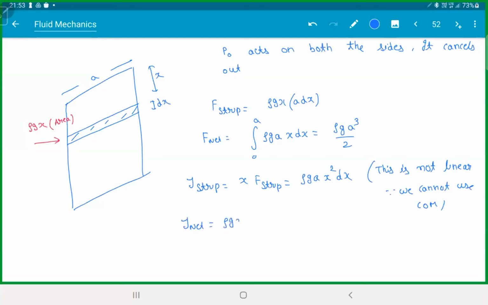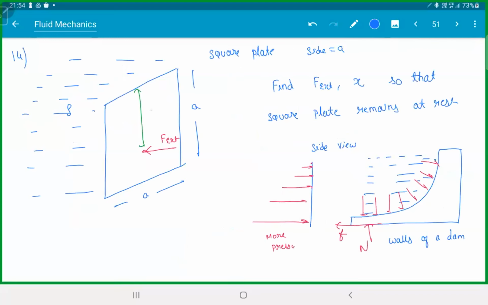So torque net will be integrate this stuff. Rho g a integral x square dx from 0 to a, rho g a power 4 by 3. So this torque net should be equal to F net into h. Let's call this thing h.